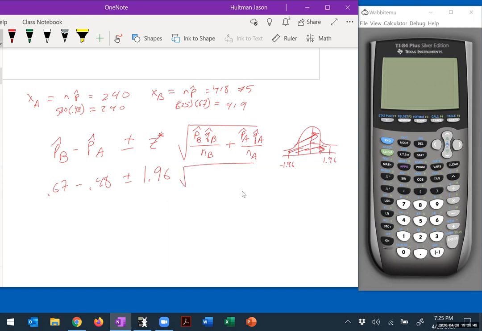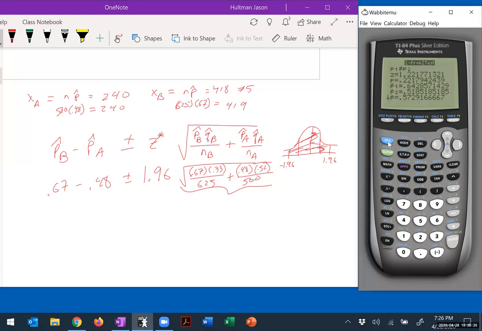Times the square root. What's p b? p b is 0.67 times q b, which would be 0.33, all over n b, which is 625, plus p a, 0.48, times q a, which is 0.52, all over 500. I'm going to get what's under the square root first.